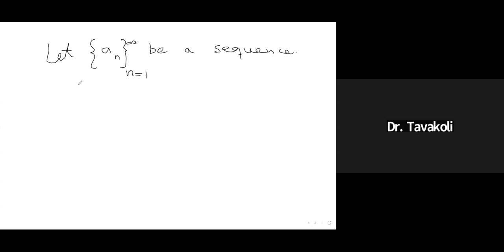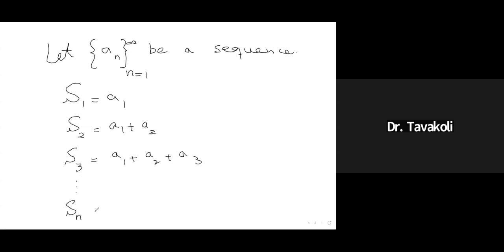Let's call S1 just the first term. S2 is the sum of the first two terms. S3 is the sum of the first three terms. Or in general, Sn is the sum of the first n terms, a1 plus a2 plus a3 up to an.